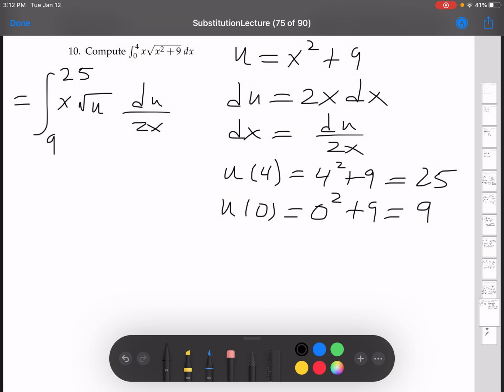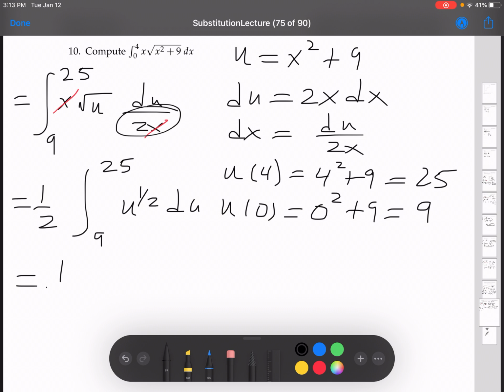I'll pull this 1/2 out and rewrite root u as u to the 1/2, setting up to use the power rule.